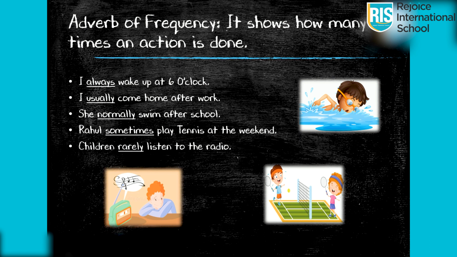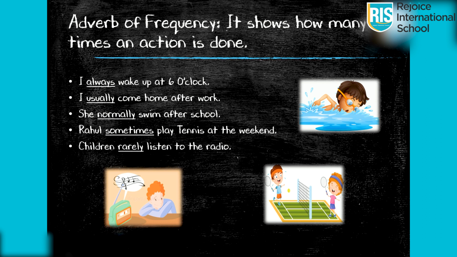Adverb of frequency. An adverb of frequency shows how many times an action is done, or describes how often an action happens, how many times it is being repeated. There are main adverbs of frequency that we use in English, and they are always, usually, normally, often, sometimes, rarely, and never.